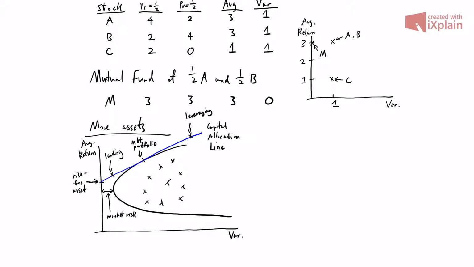Now, the CAPM model gives us a formula that comes from this diagram. What the CAPM model says is that intuitively, there is no reason that you want to deviate from this point when it comes to buying stocks.